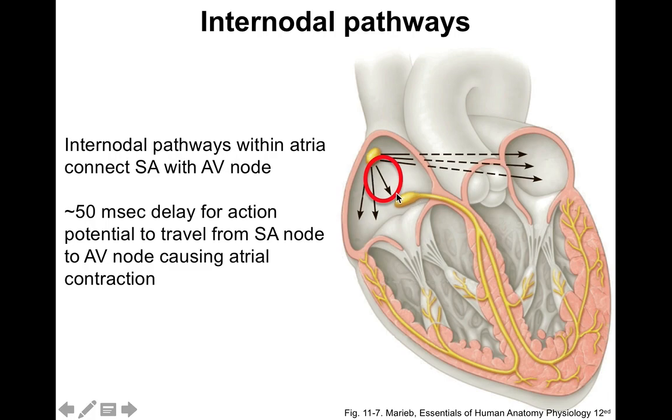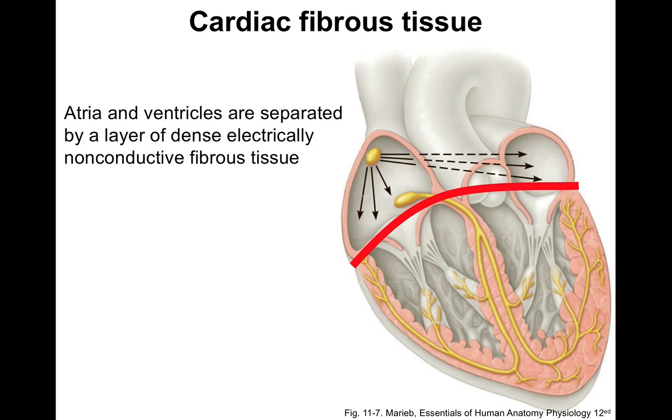node. Now there's a dense layer of non-conductive fibrous tissue between the atria and the ventricles. And this prevents any signal from going through the atrial wall into the ventricular wall. This electrical signal has to go through the AV node.